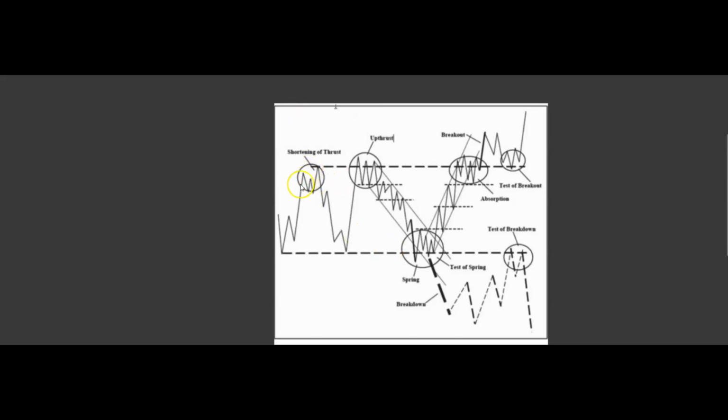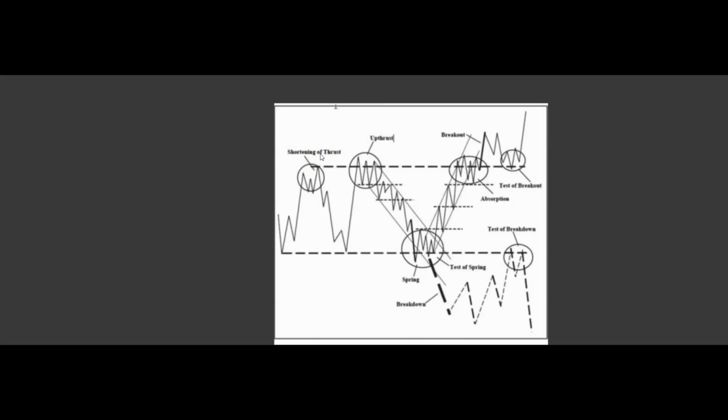Here, the shortening of the thrust is just an indication that you have a high, and another high, and from high to high to high, it's decreasing. I don't believe that shortening of the thrust should be sold. I think it's more of an indication of fatigue for the market, unless it's in a trend.